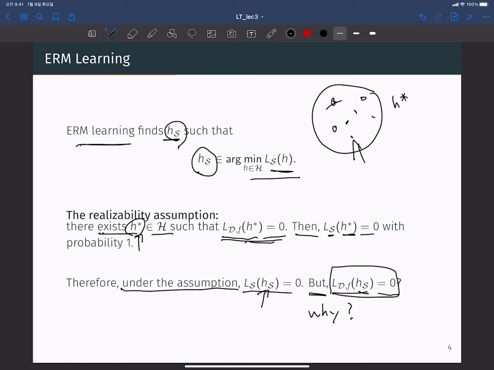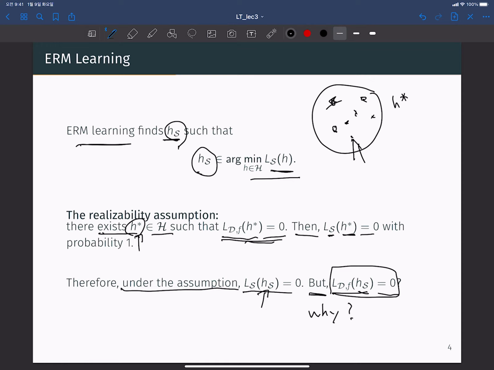Our only information is that all these hypotheses make the training error equal to 0, the sample error equal to 0. We cannot discriminate H star from the hypotheses making 0 training error. Right?